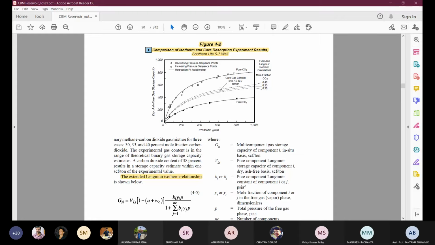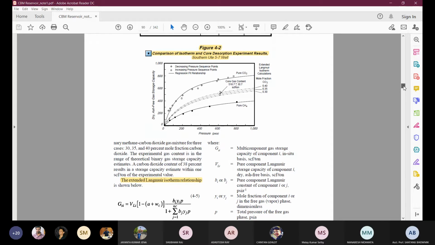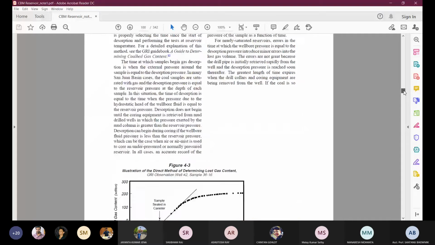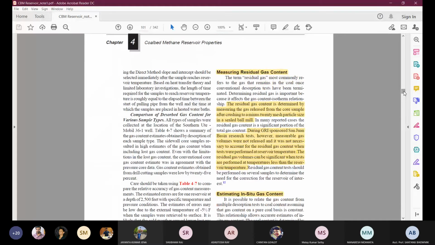So, going back to the original discussion, the residual gas content is going to give you the idea about how much residual gas is trapped in the coal beyond the desorption limit.